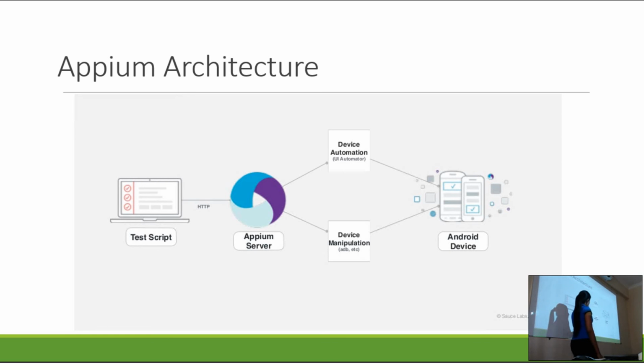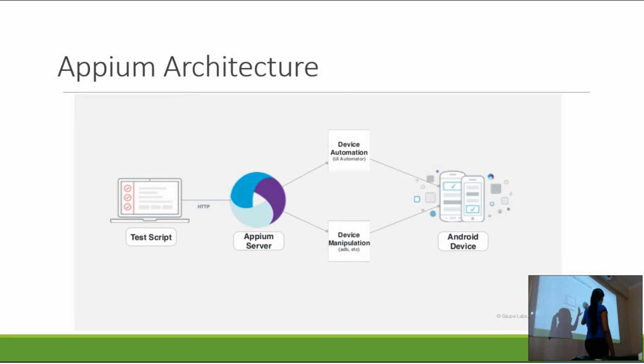And then as you can see, the device automation as well as manipulation would be done using UI Automator and something called ADB, Android Debugging Bridge, right? When you install Appium, these two come, especially this one will come with the Android SDK, and this one will come to your machine using Appium when you install Appium itself.